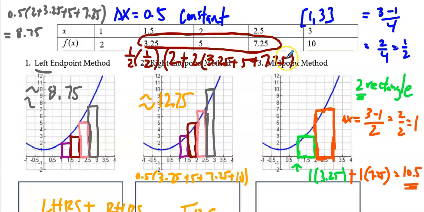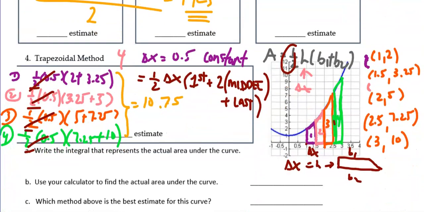I apologize that I'm writing over these words here. So it's just this plus this. This is probably the easiest way to do it, right? And then I've got to add the last one because only one trapezoid shared the side of 2 and 10. And so this value right here is going to also give you your 10.75. All right, 10.75.